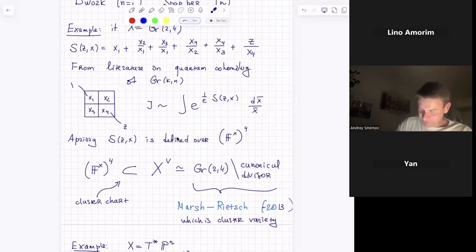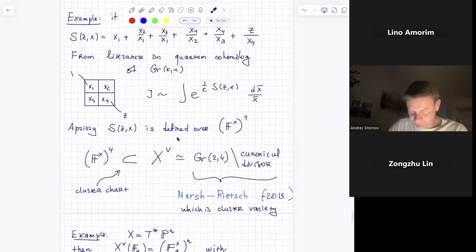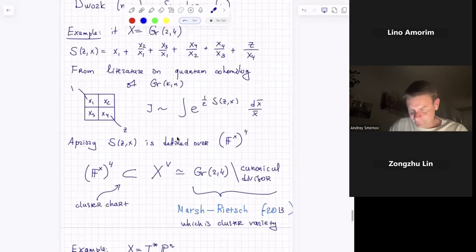So in this case, does X check have larger dimension than 4? No, it has the same dimension, X check is also four-dimensional, and it's like an open torus in it. Okay, so that is only a cluster chart.